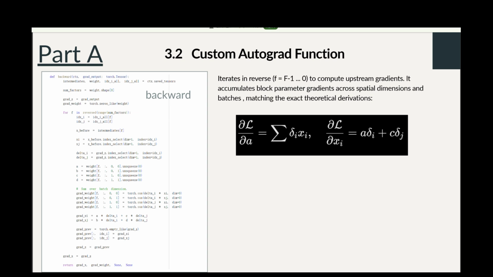This exactly matches our theoretical multi-variable chain rule derivations shown on the right.